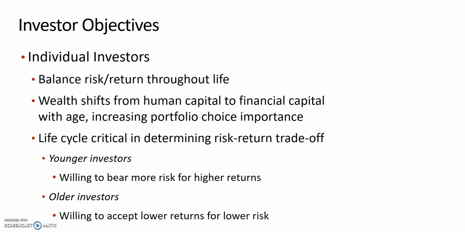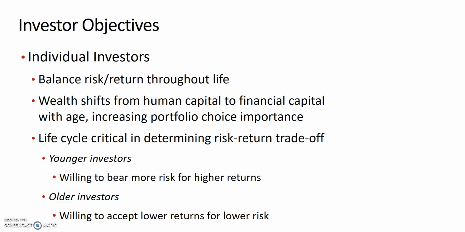Typically with the individual investor, we see a defined set of objectives that align itself well with the individual. This is primarily represented in the balance of the risk and return relationship throughout the life of the investor. Most investors are going to be risk averse, meaning that given the same opportunity for return, they will choose the lower investment.